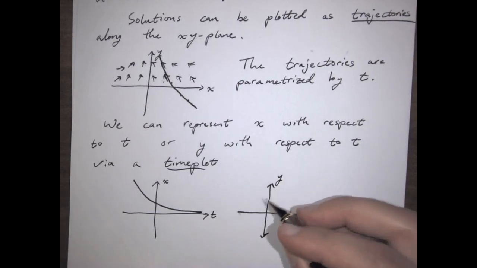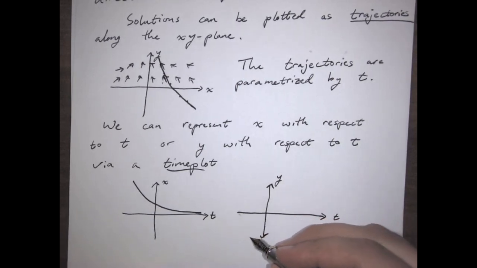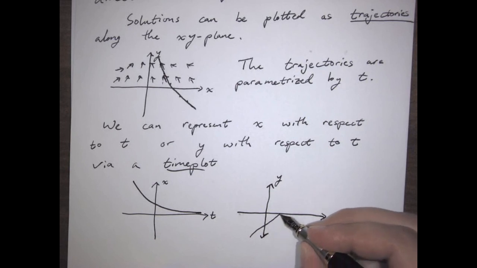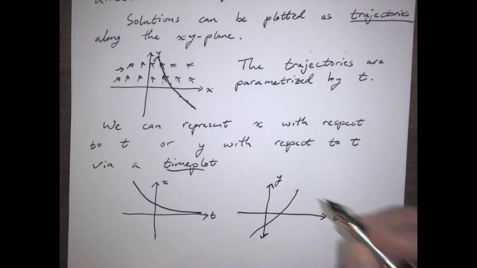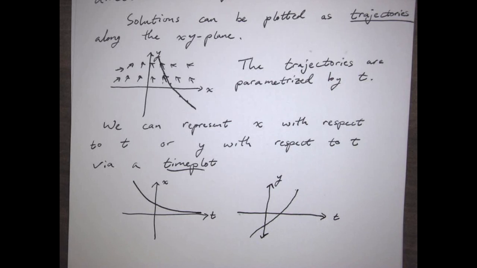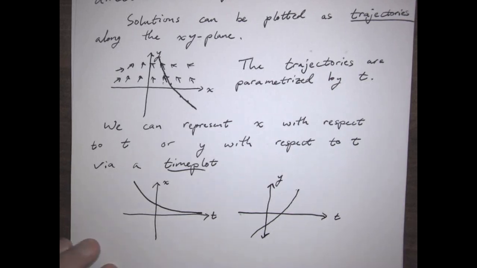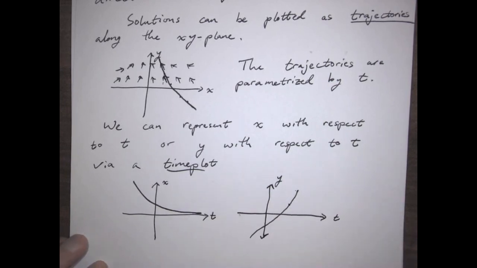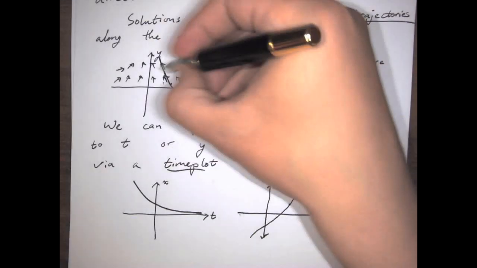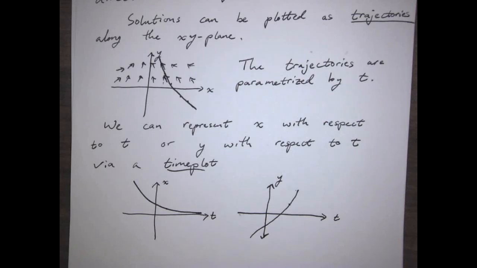So our y values are maybe going like so. And then for the same t, the x-coordinate and y-coordinate would be given by the positions of these particular curves, and those would correspond to a point up here.